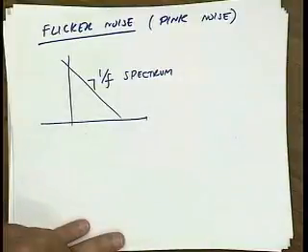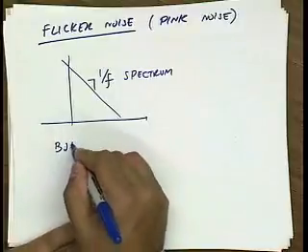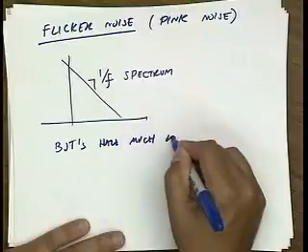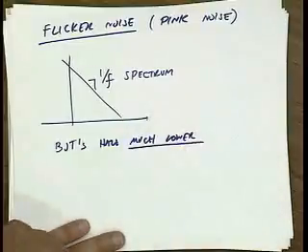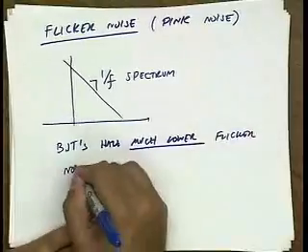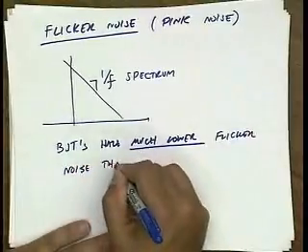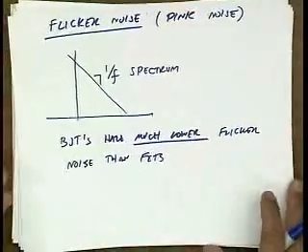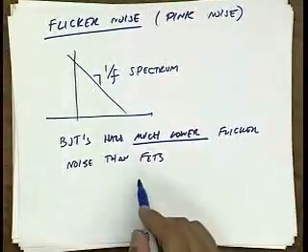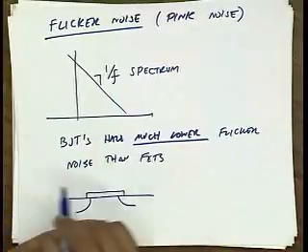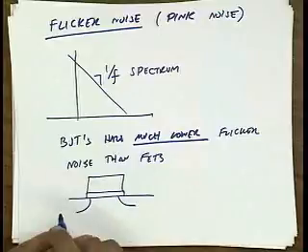And it turns out that bipolars, BJTs, have much lower, and by much I mean much, much lower, flicker noise than FETs. And we'll talk about that a little bit later, but just to give you a hint, in a FET, you basically have an interface between two materials.